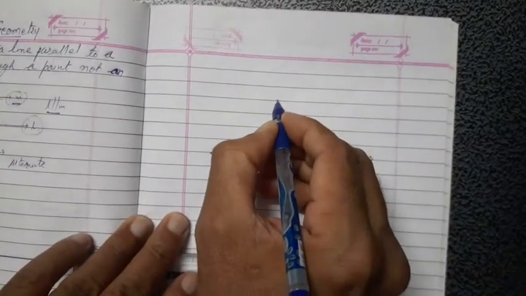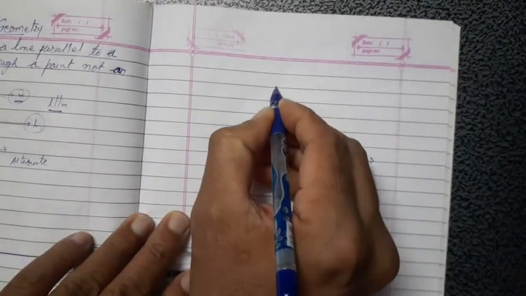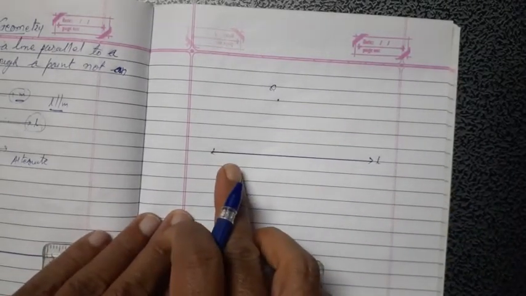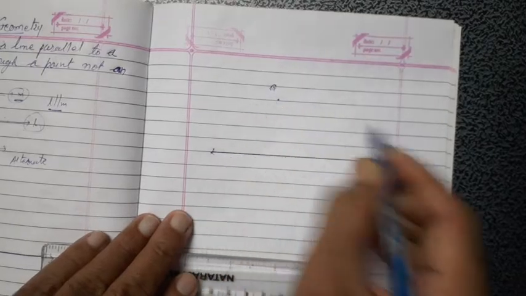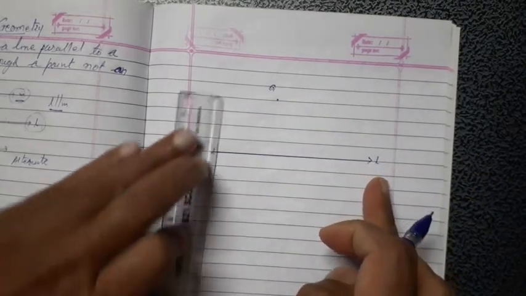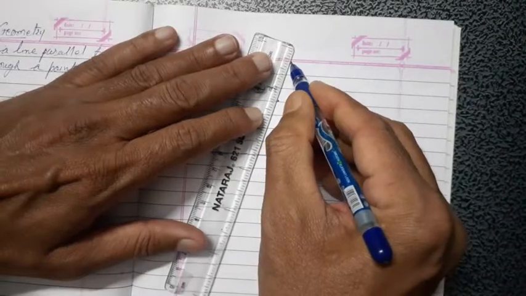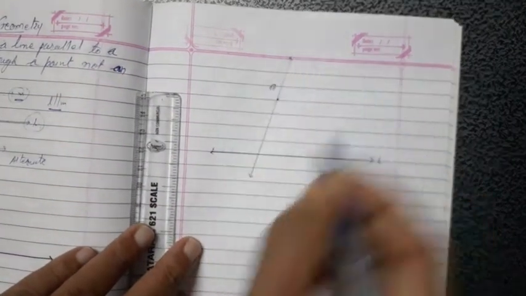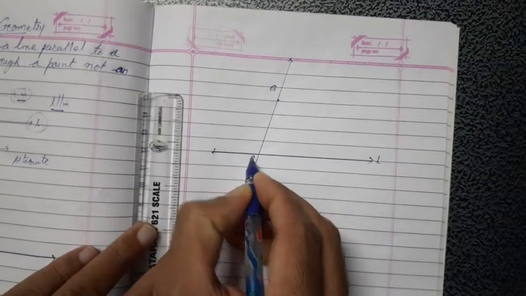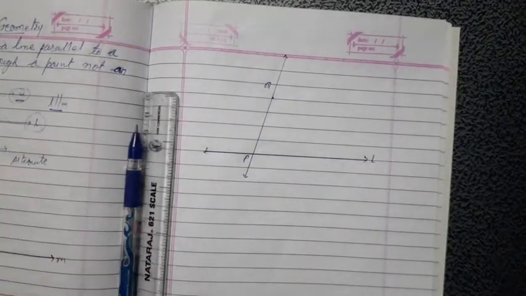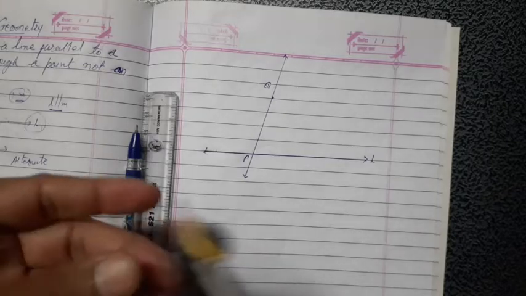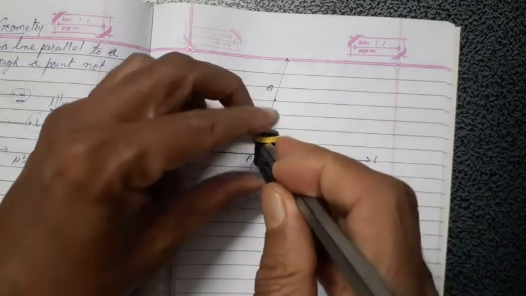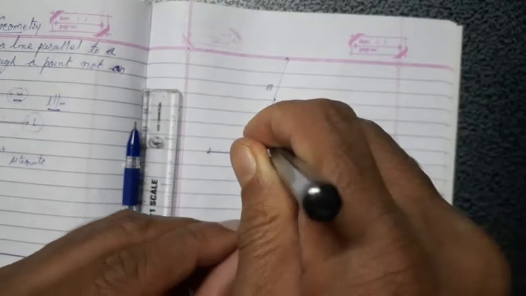One point is there, suppose that is Q, this one is line L, and draw a line passing through point Q which is parallel to L. Draw a line passing through Q which crosses the line L. The intersecting point, suppose that is P. Now take an arbitrary radius, any measurement. Take point P as a center and draw an arc like that.